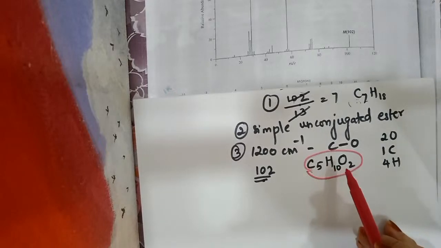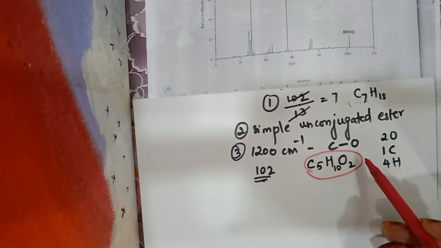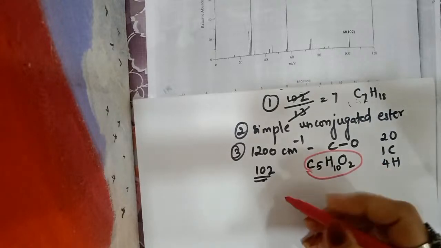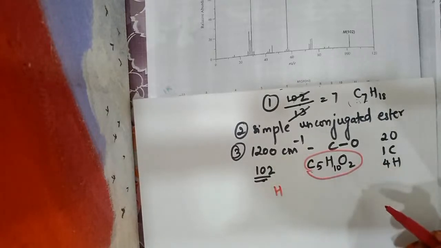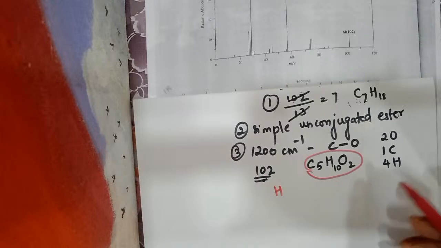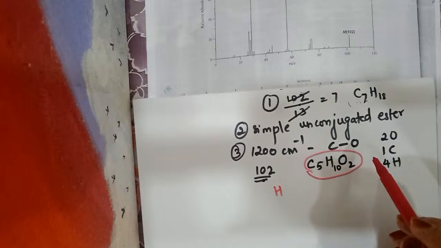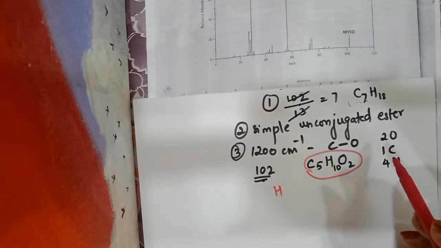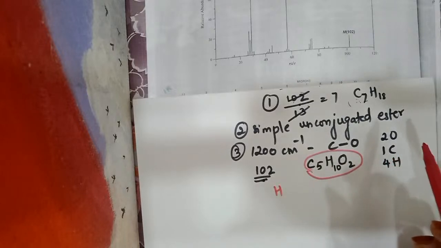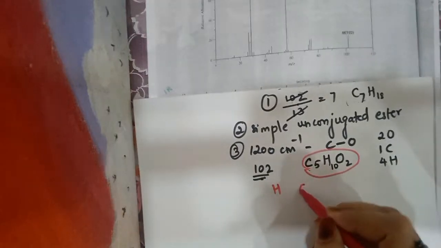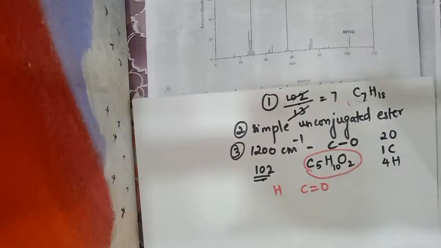Now we can calculate the index of hydrogen deficiency for this compound. That is, just now I told you how to do that. One corresponds to the unsaturation in the C double bond O compound.